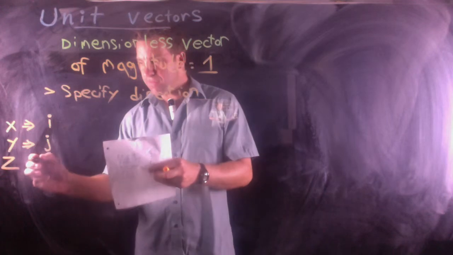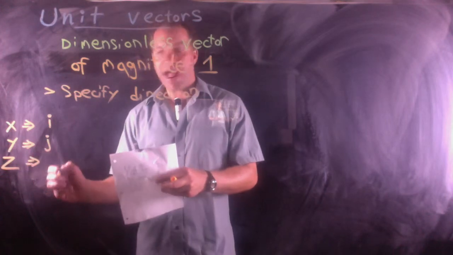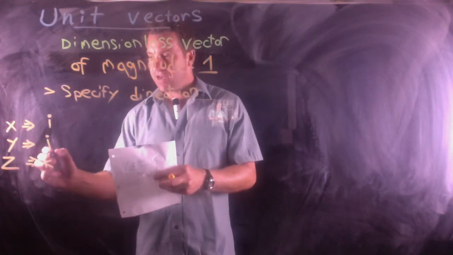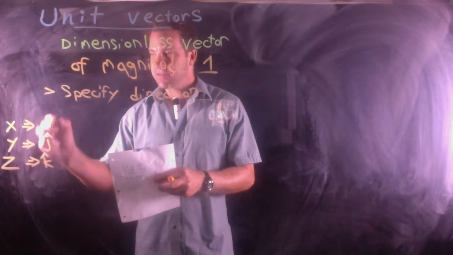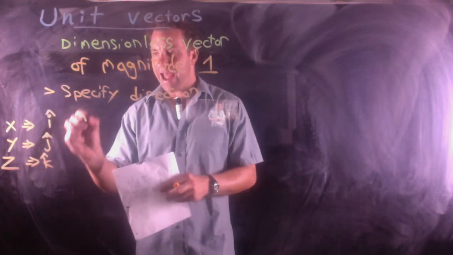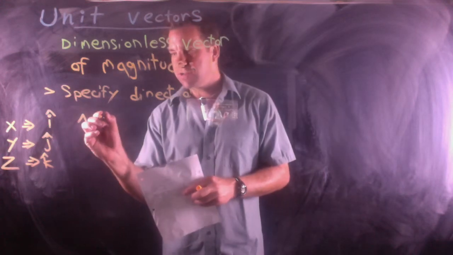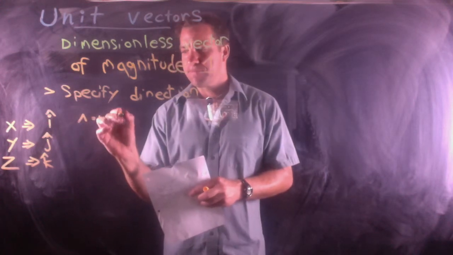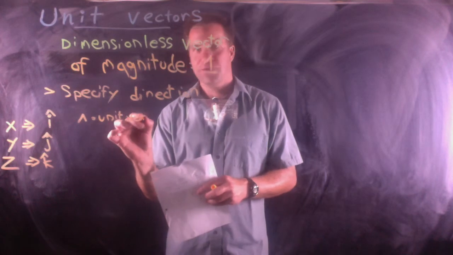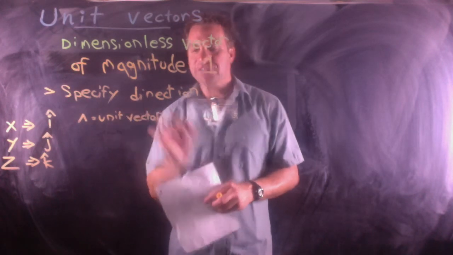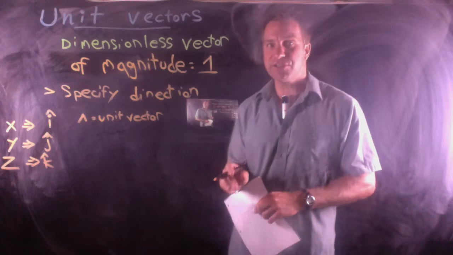Now we're going to write them as i hat, j hat, and k hat. Okay, this thing right here, this thing is called a hat. It just means that it is a unit vector. Okay, so it is a vector, but it only has a magnitude of 1.